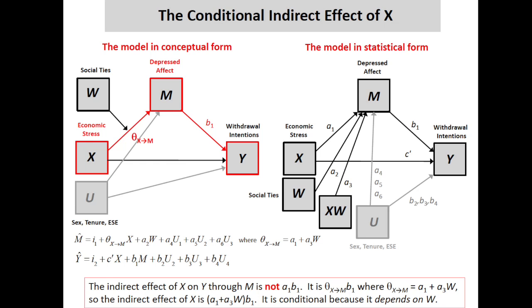Doing all the substitution and expressing it purely in the form of variables and coefficients, that's the indirect effect of X on Y through M. It depends on W. So that's our conditional effect of X, I'm sorry, our conditional indirect effect of X on Y through M.